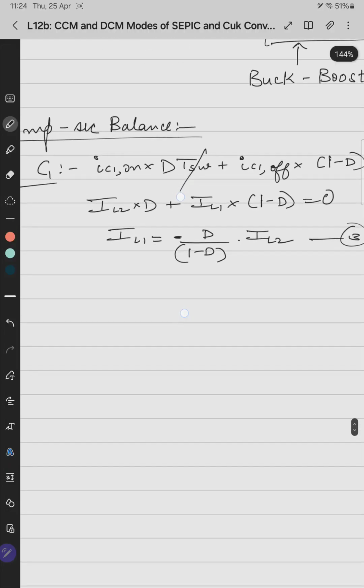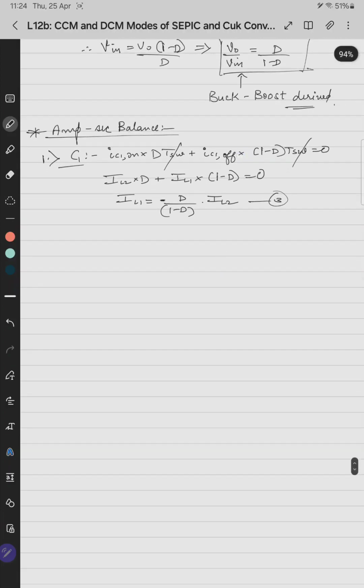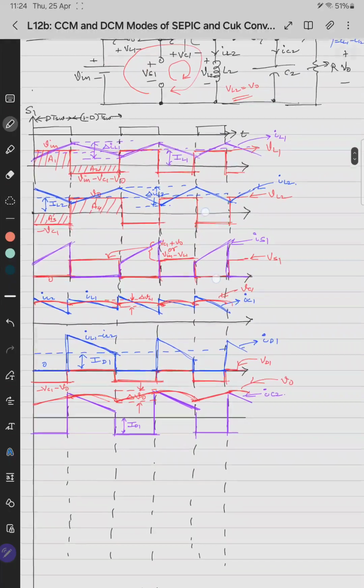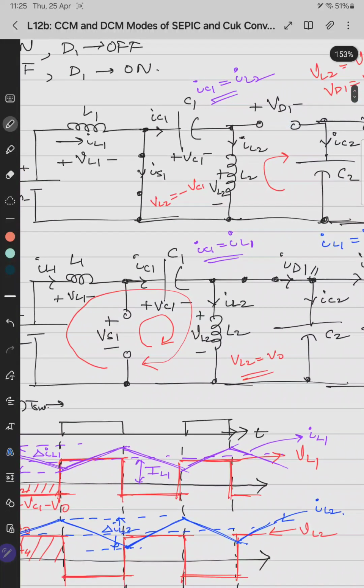Here it means that the average values of the currents are negative with respect to each other, which means that our assumption was this was the positive direction of IL2 and this was the positive direction of IL1. Whatever our convention, one of them should be reversed. If this is the dot convention, here dot doesn't mean the transfer, I am just saying dot means the current entering.